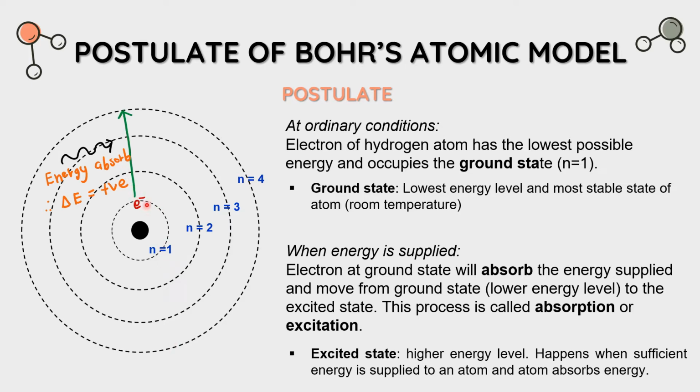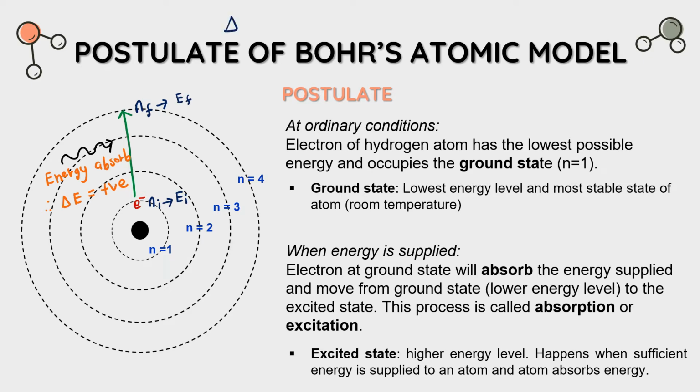Since for the excitation, we will start with this lower energy level to higher energy level. So this lower energy level, we can label it as Ni, and the higher energy level up here can be labeled as Nf. So from the value of Ni here, you can find the initial energy, and from the value of Nf, you can find the final energy, which is Ef.